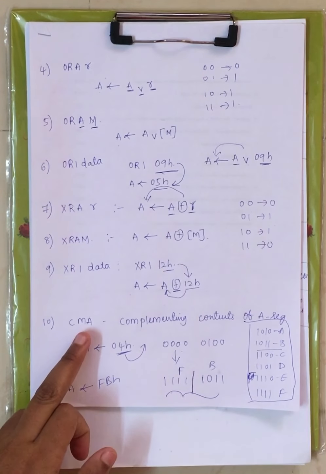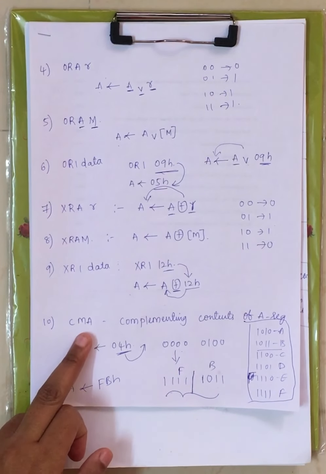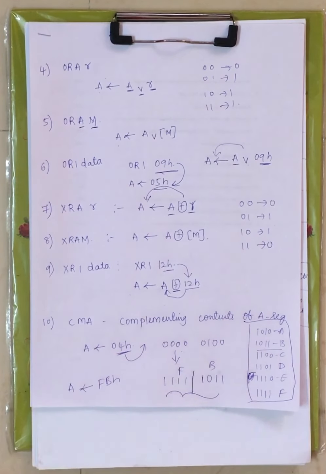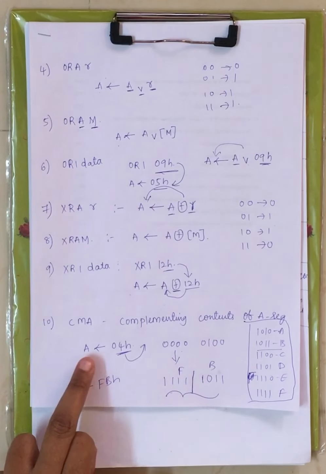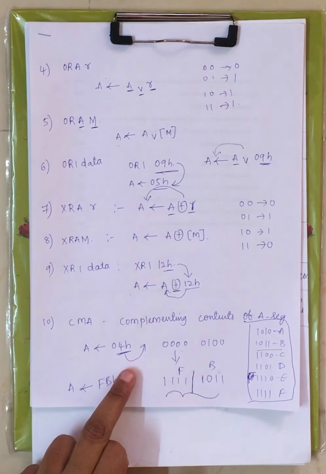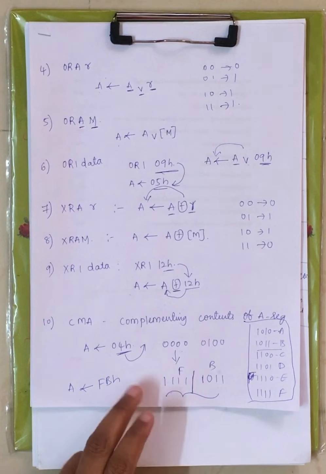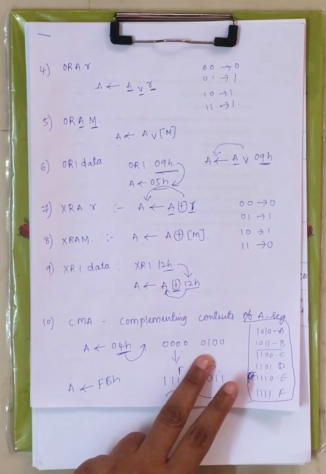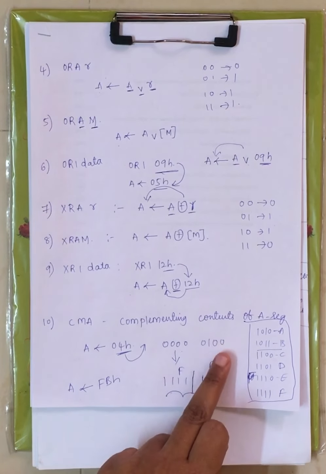Now coming to the 10th instruction, CMA, complementing the contents of the accumulator register. Let us assume A is storing 04H. How will it work? First it will convert hexadecimal format to binary.